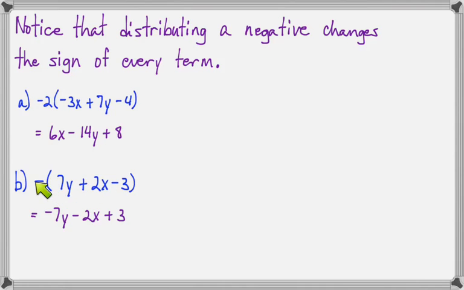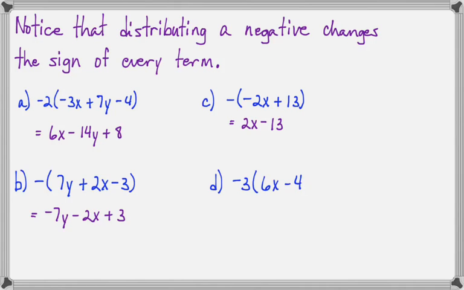So pretty much distributing a negative leaves all the numbers the same, but it changes the sign in front of each number. Okay, here's negative 2x, that's going to make positive 2x. Negative positive 13 is going to make minus 13.